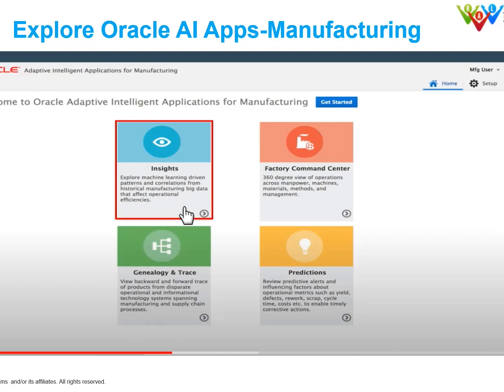The first pillar is insights. On a shop floor, you have multiple processes and multiple elements of data related to people, material, and machine. You will get correlations, patterns, and insights about that particular process or job.